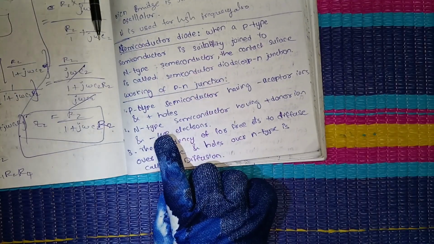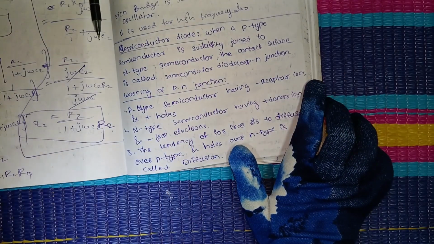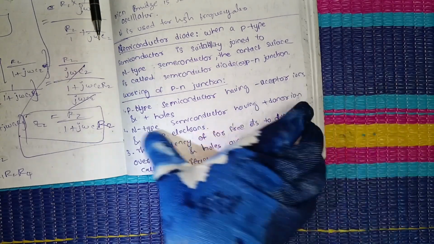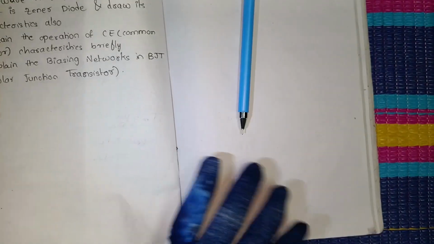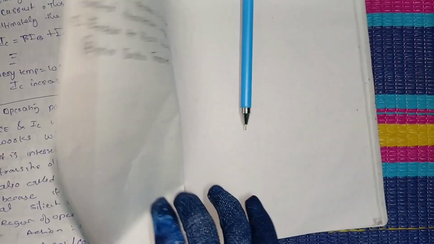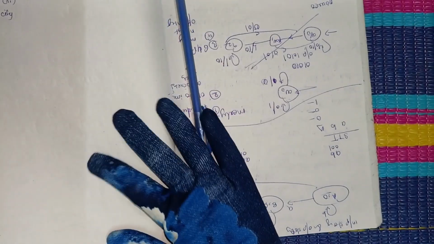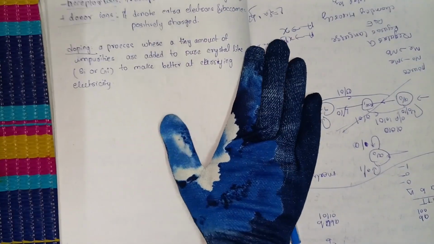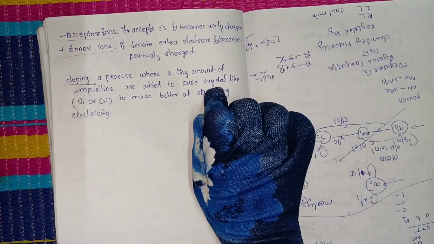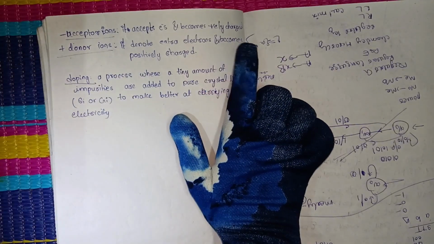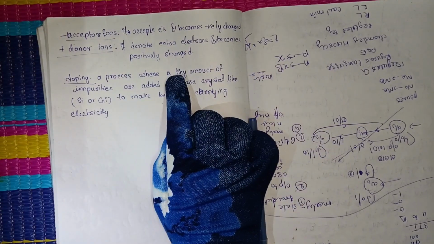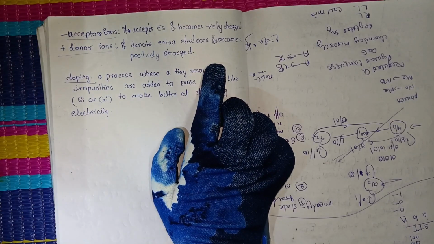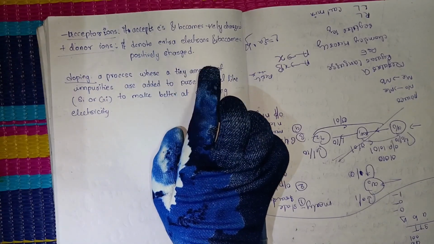So negative acceptor ions means it accepts electrons and becomes negatively charged, and positive donor ions means it donates extra electrons and becomes positively charged.